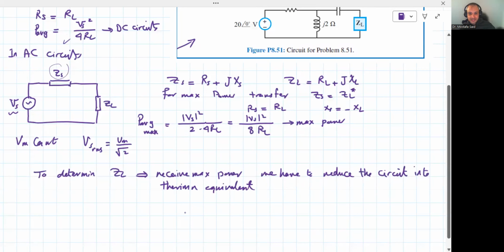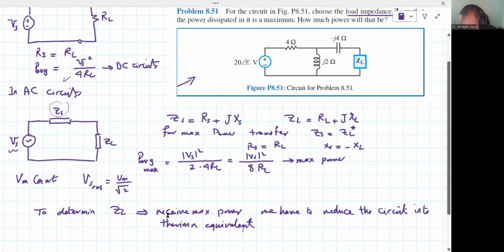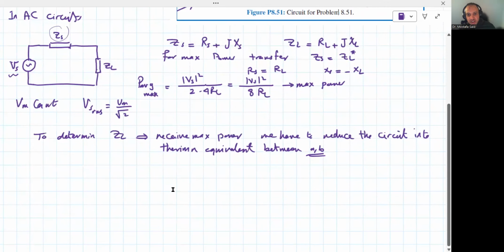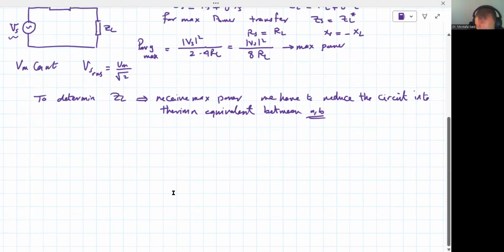We must do that. We're gonna call this terminal A, and this terminal B. So we're gonna have the Thevenin equivalent between A and B, basically, if we look like that. Good. To determine the Thevenin, that's a very good practice. We have two components, number one, finding this Thevenin impedance.